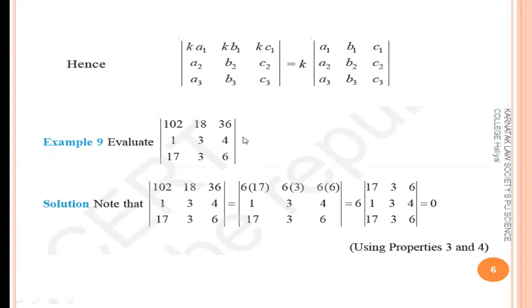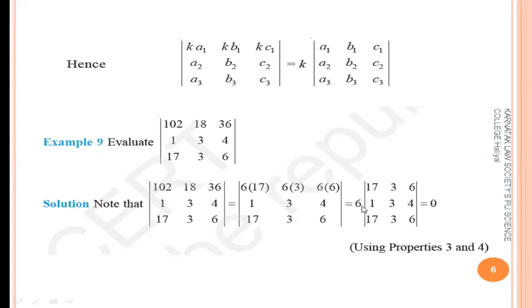See here, an example is there. Here 102, 18, 36 and 17, 3, 6. We know that 6 times 17 is 102, 6 times 3 is 18, and 6 times 6 is 36. In all these, 6 is a common factor.